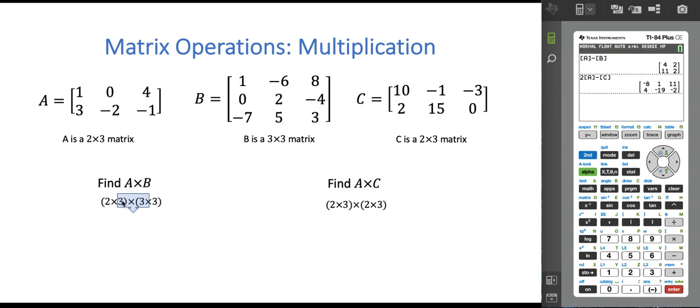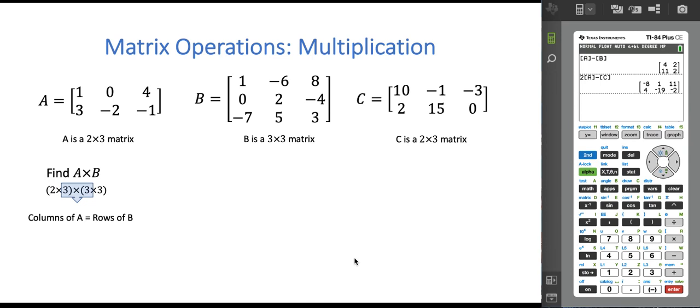Here they match, and because they match here, we can actually do that multiplication because the number of columns matches the number of rows. But let's look on this side. Here they don't match. The number of columns doesn't match the number of rows. When these inner dimensions do not match, then this multiplication is not defined. We can't do it. Okay, so the only multiplication that we can do is a times b.